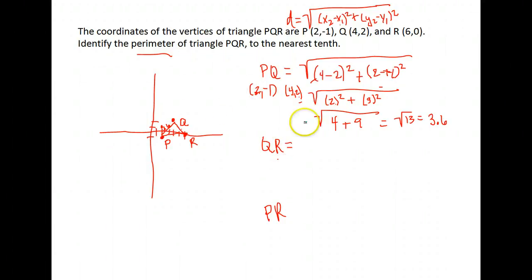Next, QR. So QR is using the point 4, 2 for Q and 6, 0 for R. So again, we use the distance formula, so we subtract the x's, 6 minus 4, and square it, plus the y's subtracted, 0 minus 2.